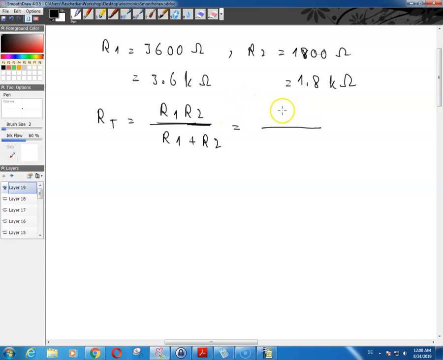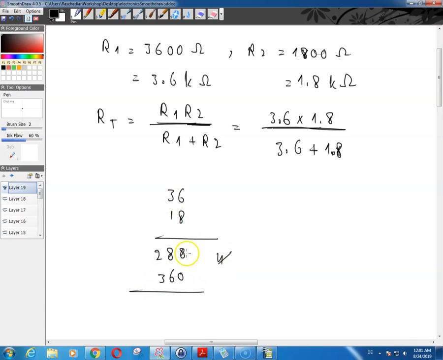I can write this as 3.6 times 1.8 over 3.6 plus 1.8. 36 times 18 is 648, and with 2 decimal places, that is 6.48. Over 3.6 plus 1.8, which is 5.4.